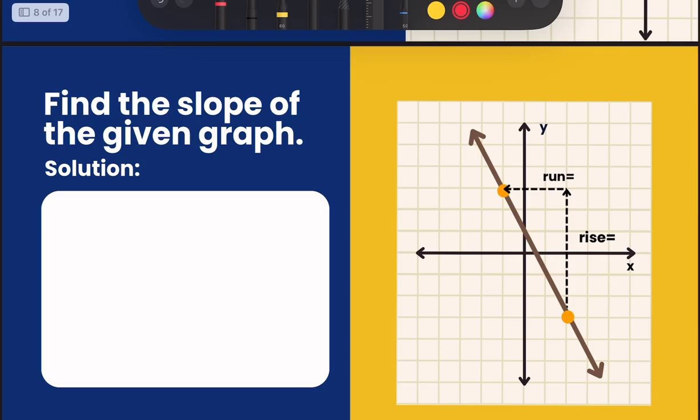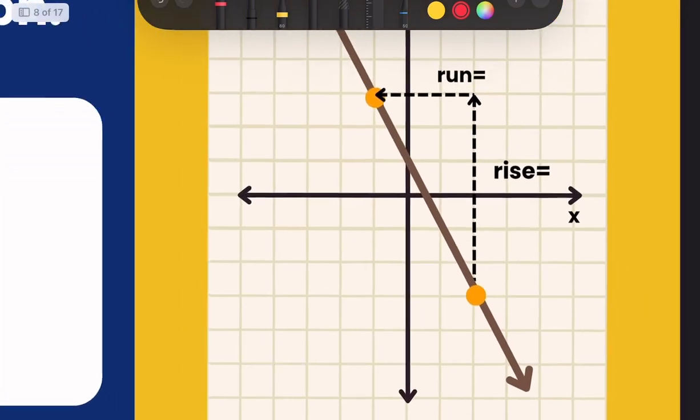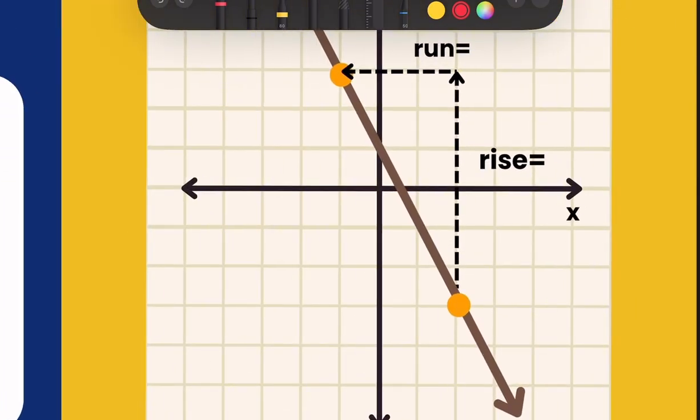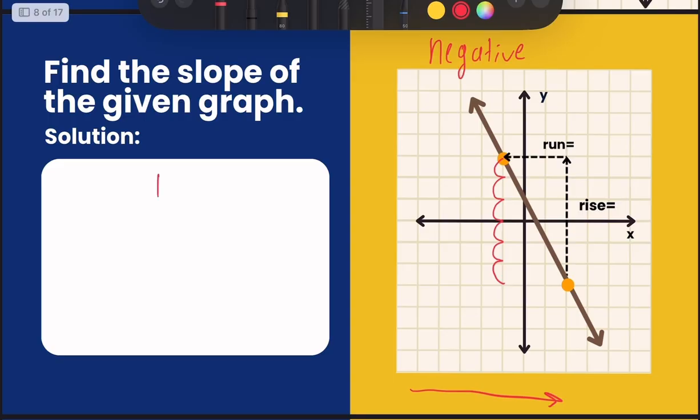Let's try this one out. So now here, we are going to have a negative slope. Because if I look at this graph from left to right, I see that my line is going down. So instead of counting the rise, we're going to count how many times it went down instead. 1, 2, 3, 4, 5, and 6. So that means it went down 6.